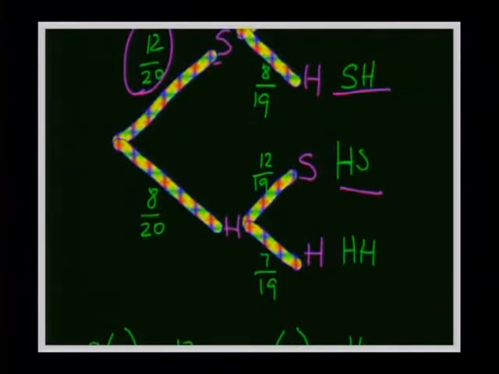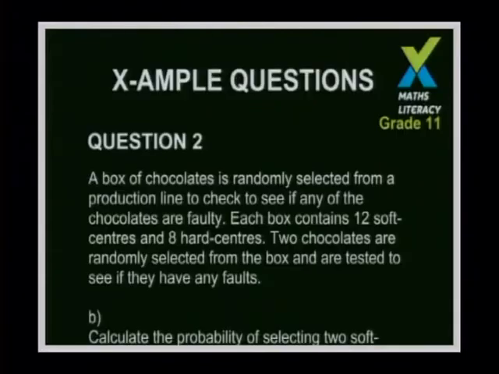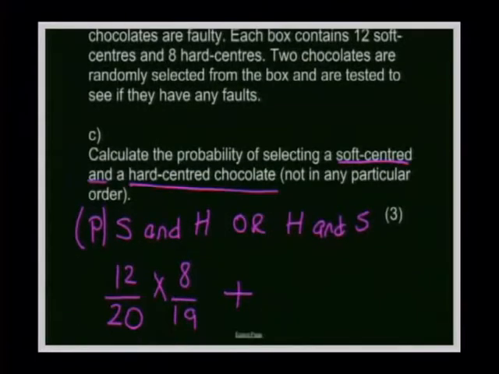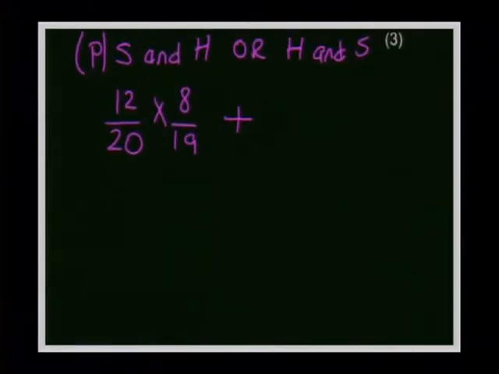Hard was 8 out of 20, and then soft was 12 out of 19.